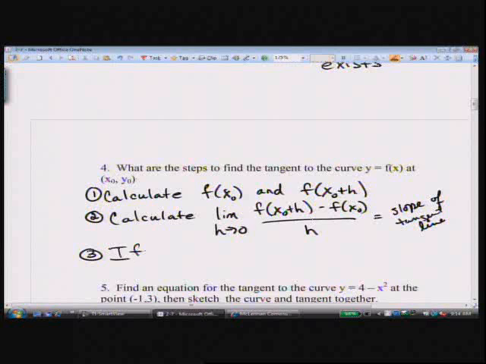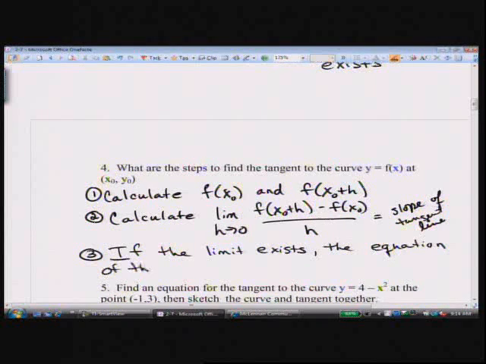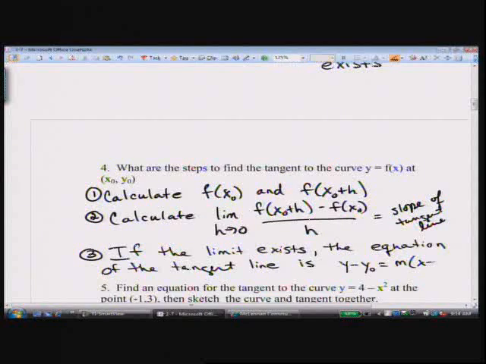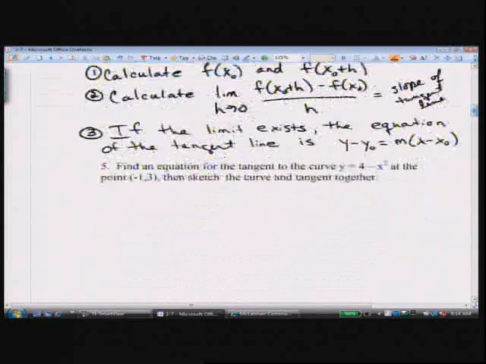And if the limit exists, the equation of the tangent line is y minus y naught equals m times x minus x naught. Okay?